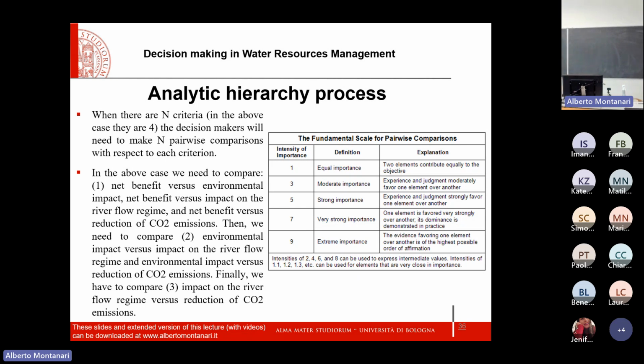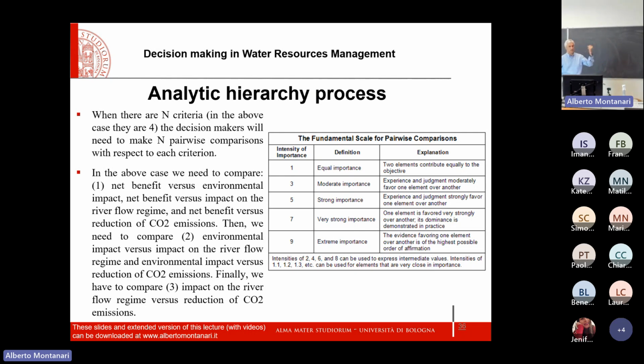So, for instance, let's compare the net benefit with the CO2 emissions. The net benefit is the first term of comparison. CO2 emission is the second term. Do they have equal importance? Then let's give the net benefit with respect to the CO2 emission the importance 1. Is net benefit moderately more important than CO2 emissions?